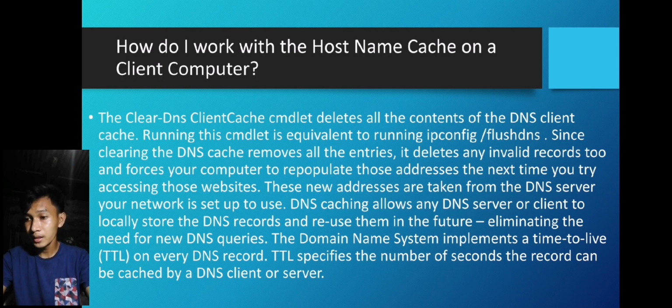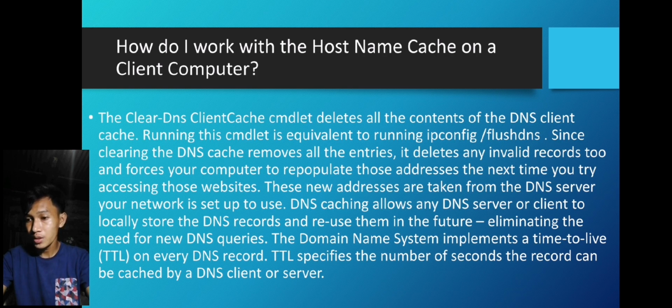It deletes any invalid records too, and forces your computer to repopulate those addresses the next time you try accessing those websites. These new addresses are taken from the DNS server your network is set up to use.